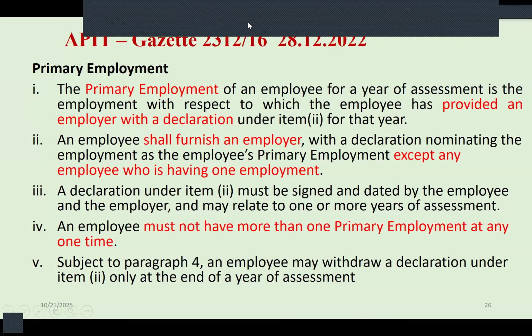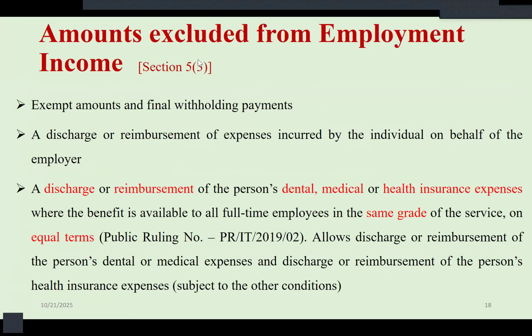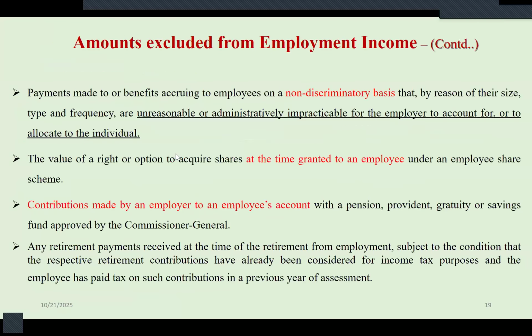Then after that, I explained about the items that we have to exclude when we are calculating the accessible income from employment. So we discussed exempt amounts and all other items that we have to exclude.